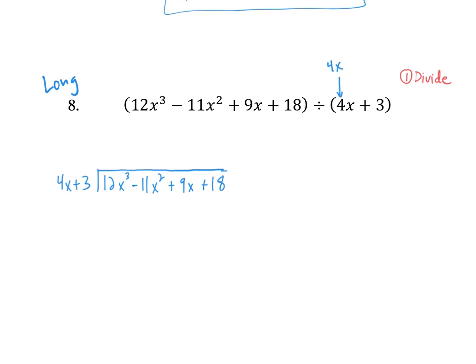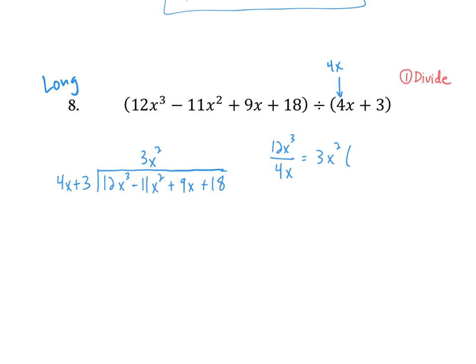So the first thing is that 12x cubed. Divide that by 4x. Becomes 3x squared. The 12 and 4 simplify to be 3. And then x cubed divided by x is x squared. The thing that you get from the division, that 3x squared, you put it in the x squared column.